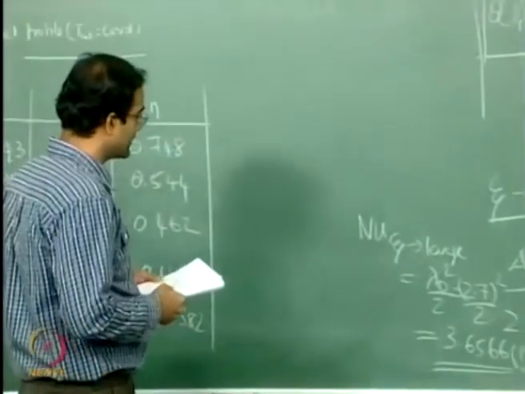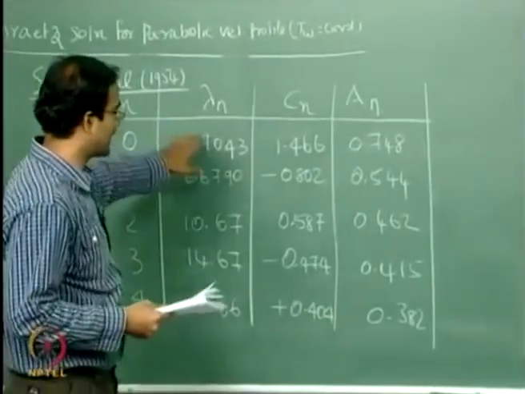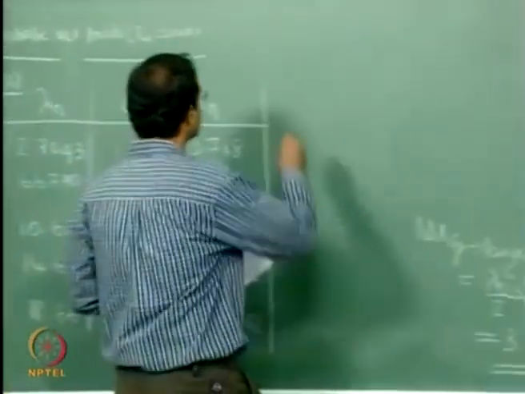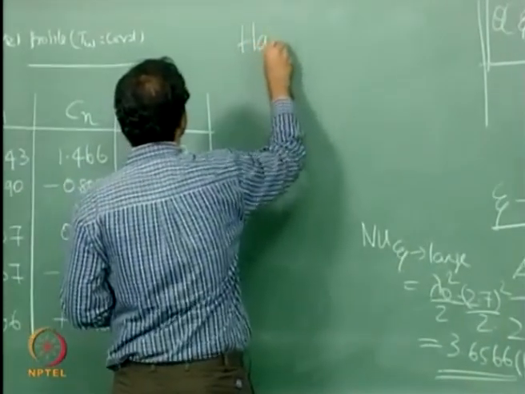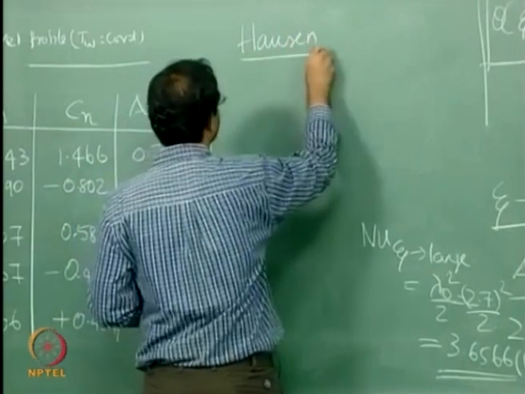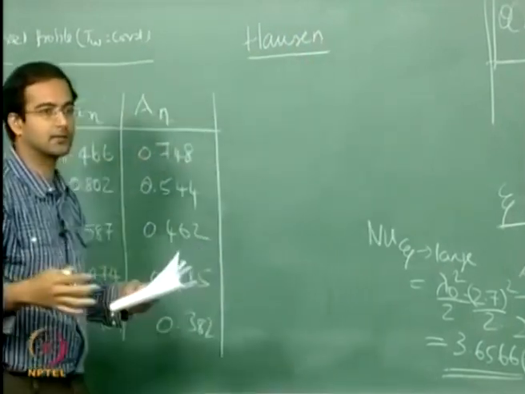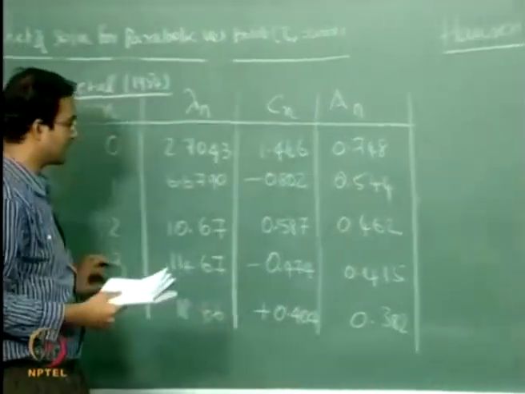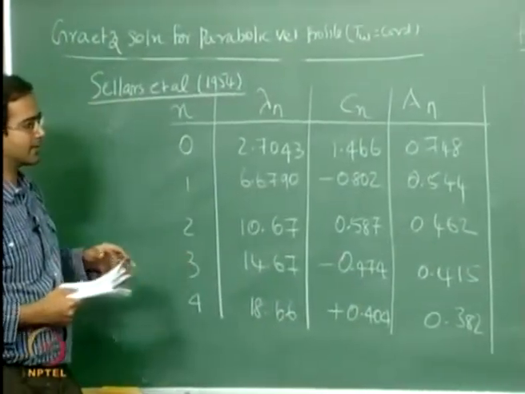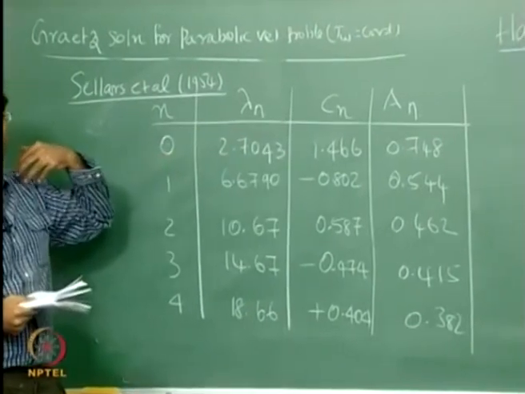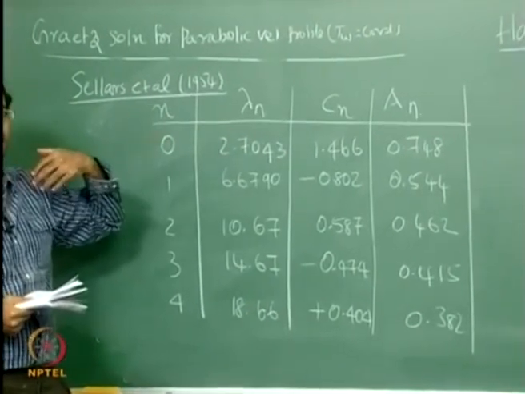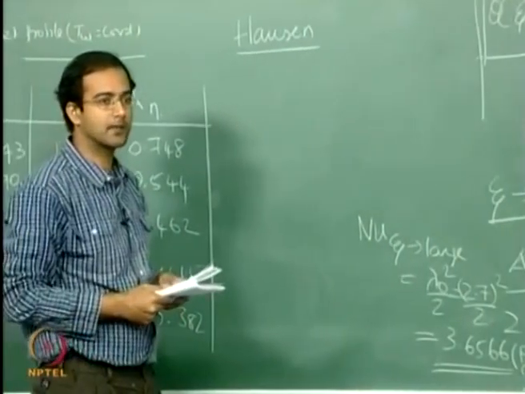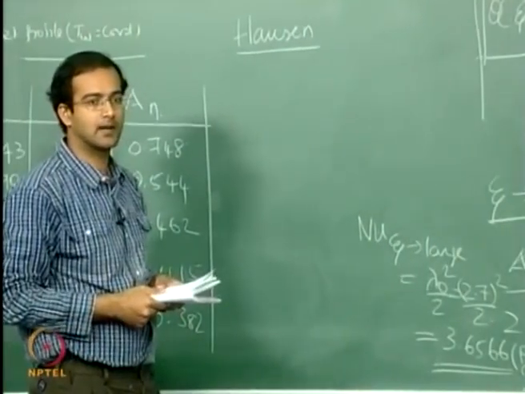So once the numerical values are calculated and tabulated, there was a person called Hausen who fitted empirical curves to this numerical solution for different values of n. He substituted them there, fitted a set of empirical curves to the numerical solution, and then directly proposed an empirical correlation which is independent of all these constants and the eigenvalues.